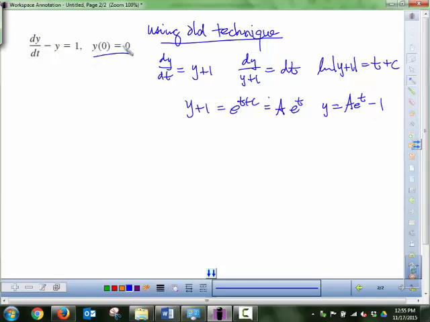Now we have an initial condition, so we can plug that in. y of 0 is A e to the 0 power minus 1, which is equal to 0. So A times 1 minus 1 equals 0. Bring the 1 over to the other side, and A is equal to 1. So your final answer is e to the t minus 1.